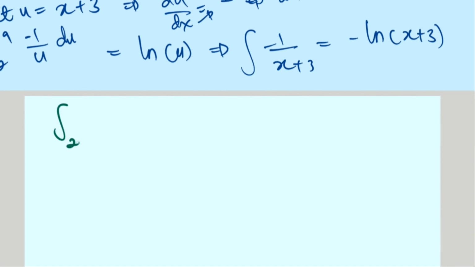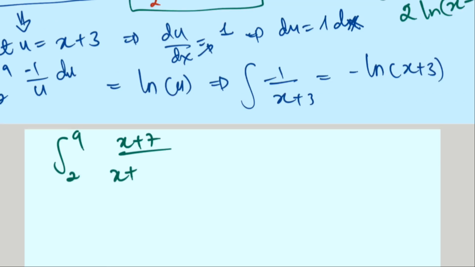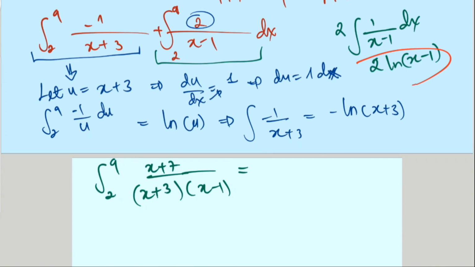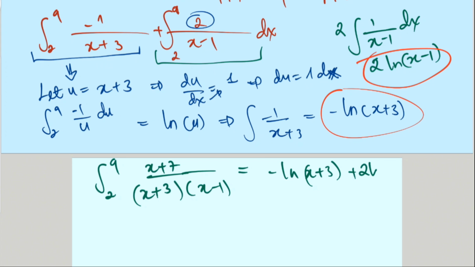So the integral from 2 to 9 of x plus 7 over (x plus 3) times (x minus 1) should be equal to this one and this one: negative natural log of x plus 3 plus 2 natural log of x minus 1.